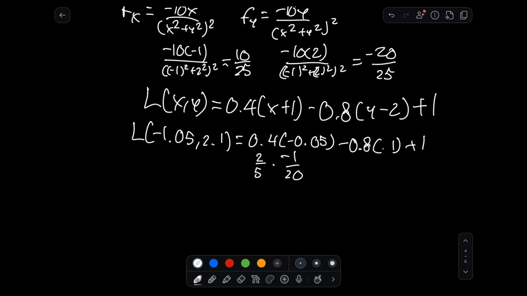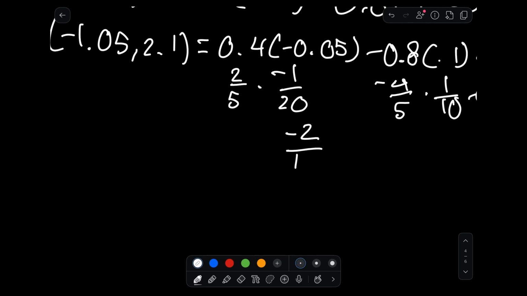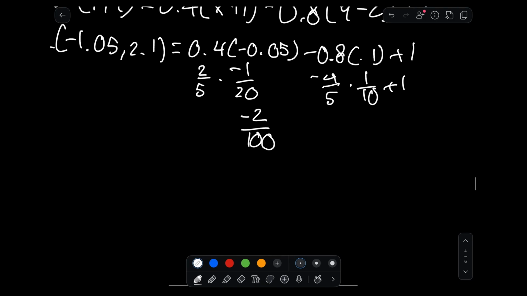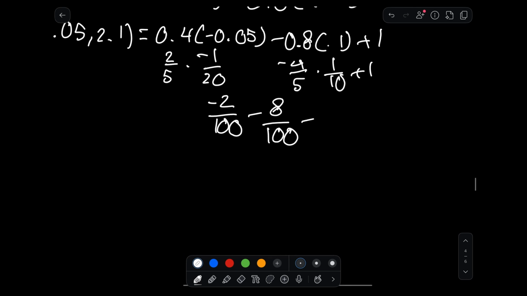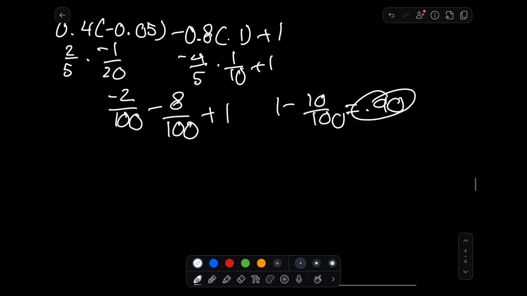So it's going to be 4 over 5 times negative 1 over 10, plus 1. So this is going to be minus 2 over 100, minus 4 over 50, or let's just write it as 8 over 100, plus 1. So this is going to become 1 minus 10 over 100, or equal to 0.9. And that's our approximation.